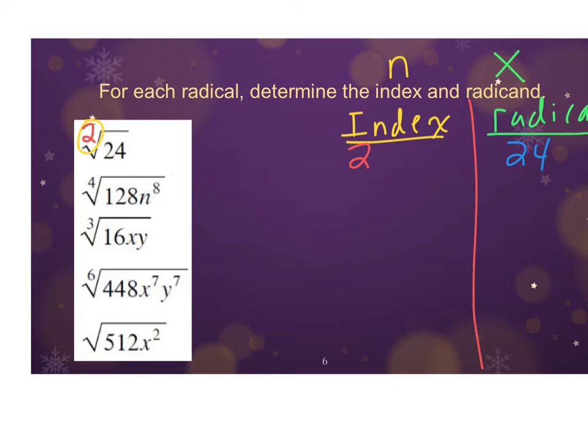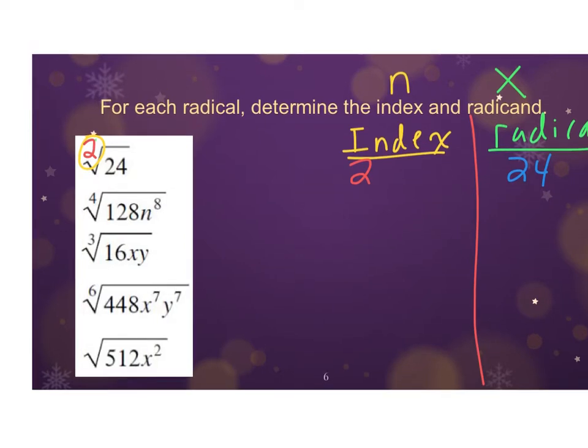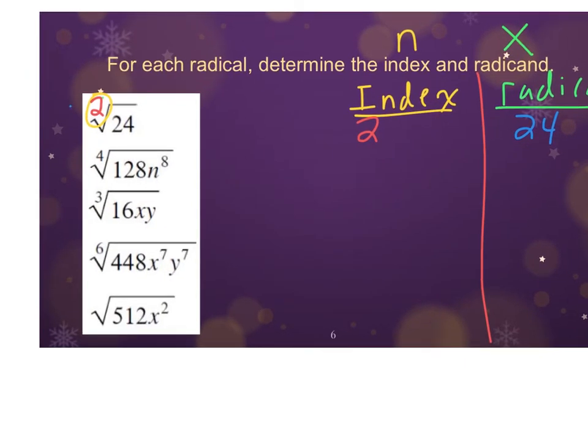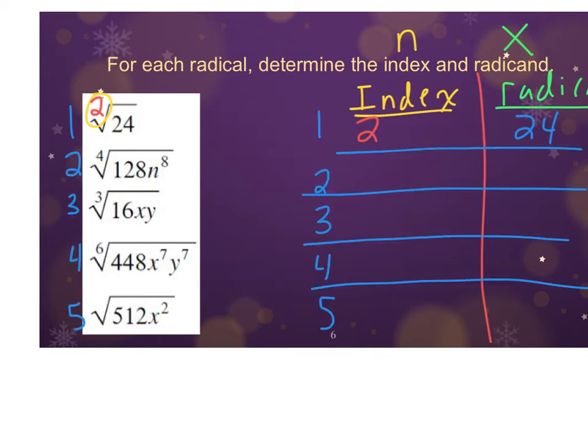So that is for our first example. Now I'm going to leave a little question on the side and tell me what the index is. For example number 2, let me know what the index is. You should have said 4, very good.